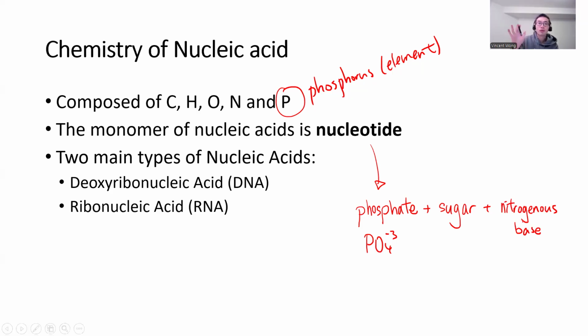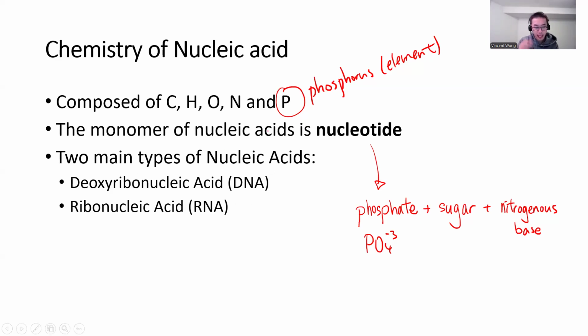Just like when we learned amino acid last class, it has different parts to it as well, right? It has the carboxyl group, the amino group, and the side chain. Similarly, a nucleotide, which we don't have to draw, has three parts to it: a phosphate, a sugar, and something called a nitrogenous base. Now, there are two main kinds of nucleotides in the body.